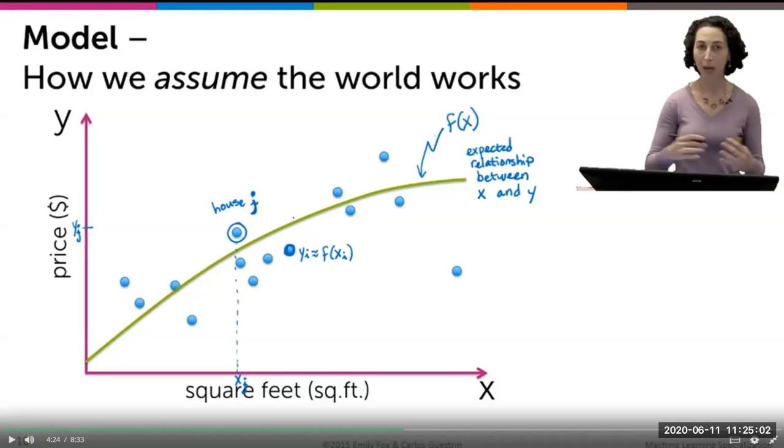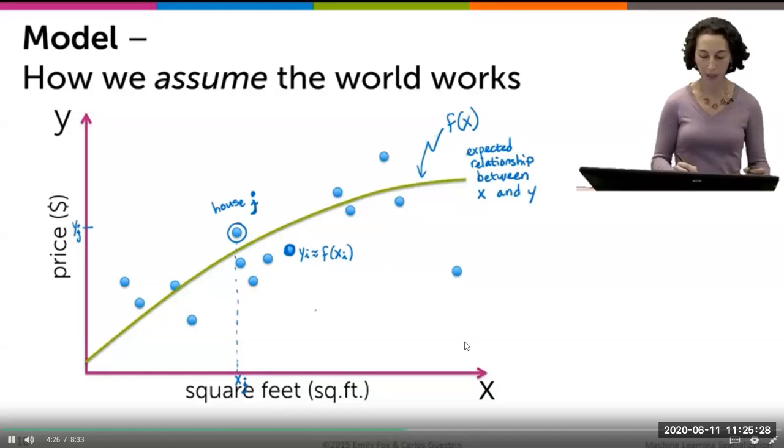Maybe we want to call that the error. Now, the question is, do we call it the error of the dot or the error of the green line? The green line. Yeah, I guess I'd say it's the error of the green line. But anyway, that's a little bit of a philosophical debate.